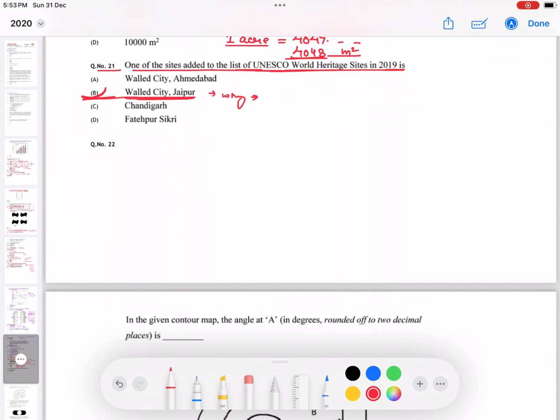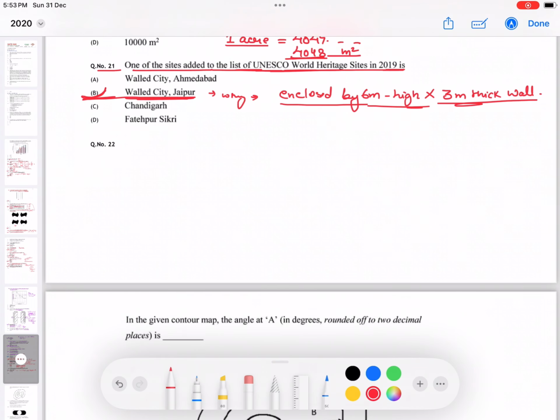So the answer to this is it is enclosed by 6 meter high and 3 meter thick wall. As you can see from the image, it is enclosed by 6 meter high and 3 meter thick wall.